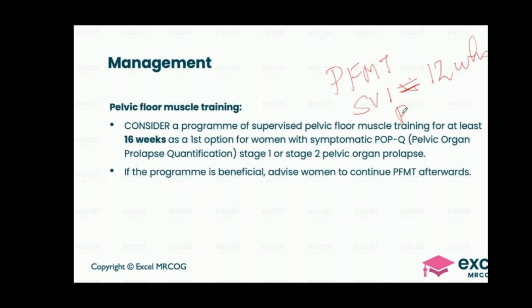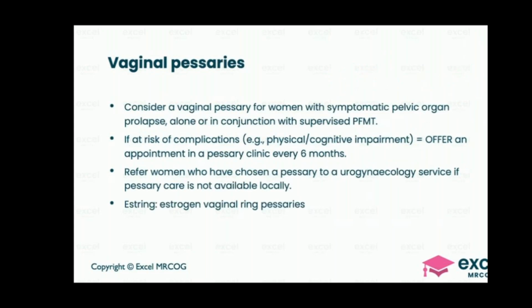For POP, it is 16 weeks, and it is usually done for stage 1 and stage 2 prolapse. Pessaries also have to be changed at least every 6 months. If they can change earlier at home, that's fine, but otherwise at least every 6 months.